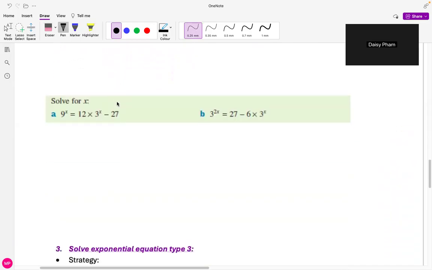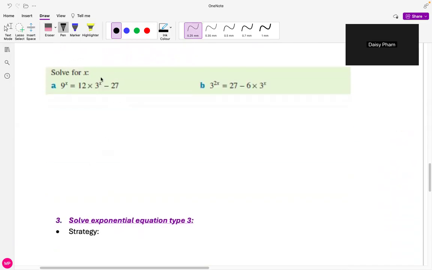So the strategy for this type is you're going to look at 3 to the power of x here. If you look at 9 to the power of x, if you do 3 squared, you get 9. Right, so this general strategy, we're going to let a equal 3 to the power of x.